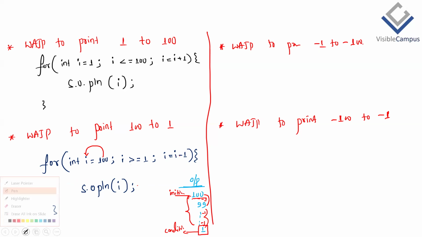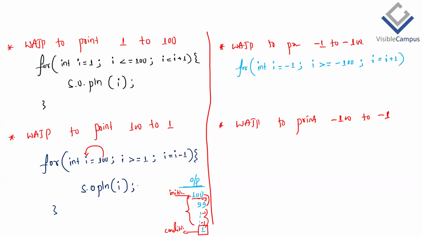Okay, next. Can somebody tell me the third one, -1 to -100? For int i equals -1, semicolon, i has to be greater than or equal to -100, followed by i plus 1.